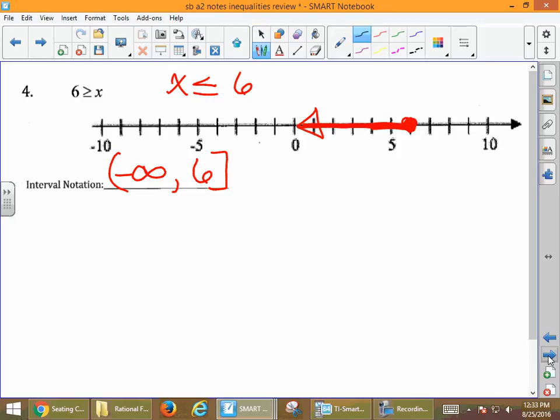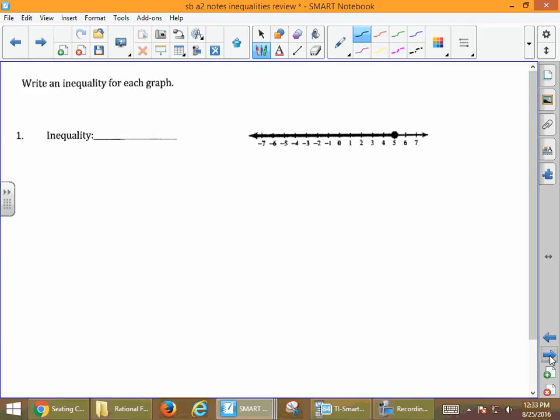So, on the first 4 problems, what we were doing is drawing the number line and putting in interval notation. Now we're going to go the other direction. We're going to be given the picture, and we want to come up with the inequality. So, let's start with putting our letter on the left.